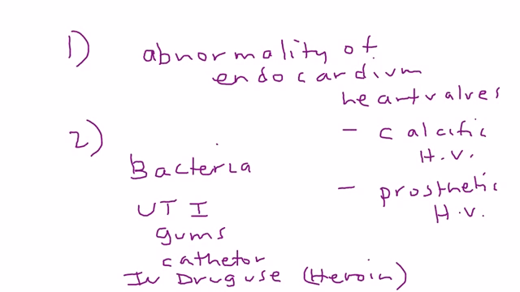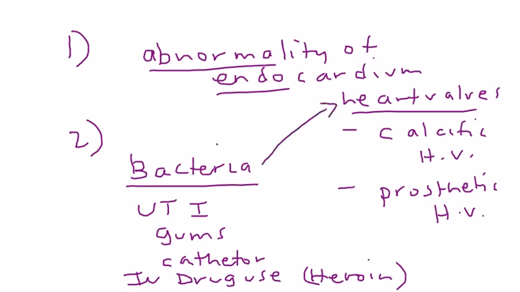So those are the two things you need. You need some sort of abnormality of the heart valve, and you need some bacteria. And together, the bacteria goes and sits on the heart valve and causes endocarditis, which is a bacterial infection.